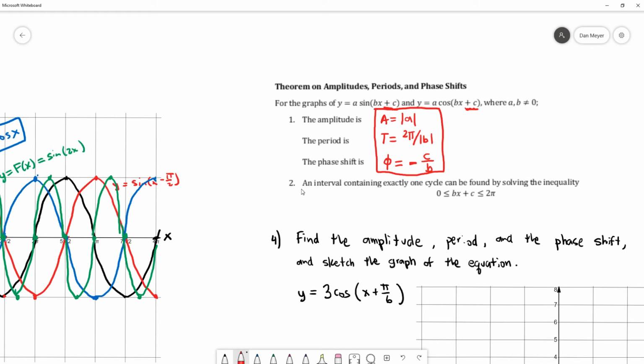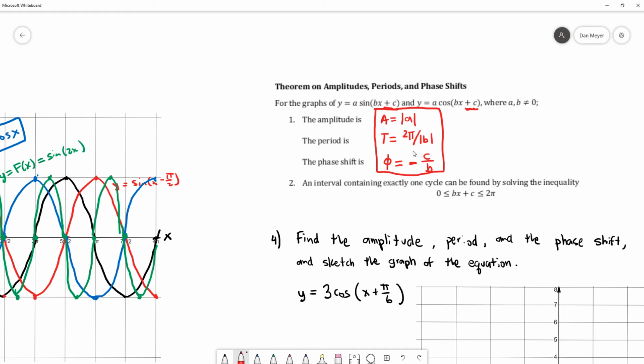Now, another fact that you can use here, you don't necessarily need to, but I think it would be useful: an interval containing exactly one cycle can be found by solving this inequality. This is more of a graphing tool than anything else. You're not going to have any questions that ask you to produce this interval.